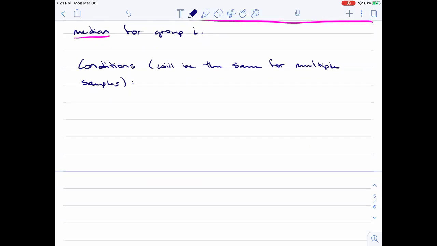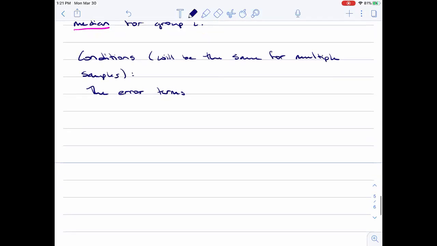The error terms must have these properties. They must have a median of 0.